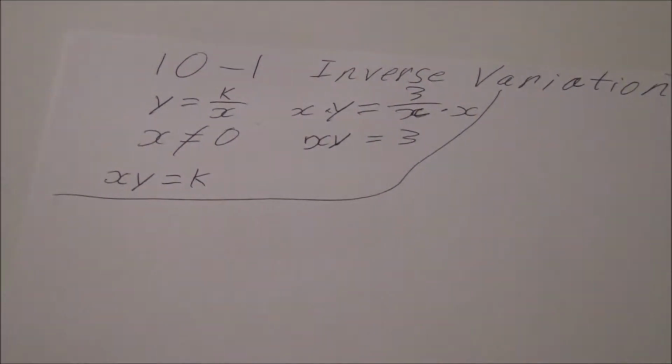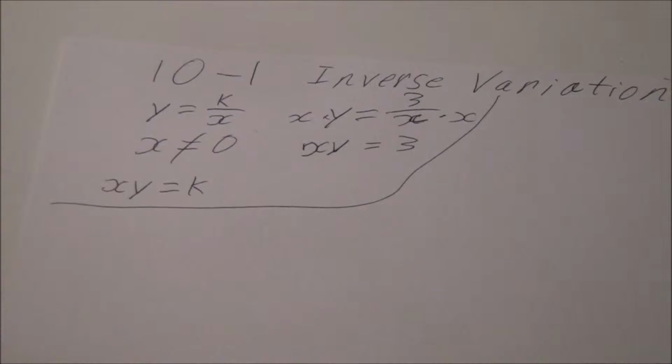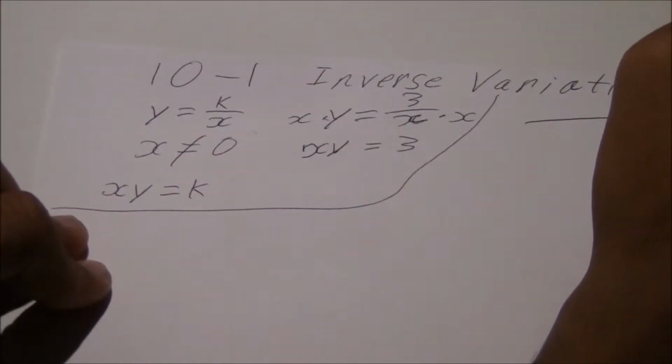So now let's look at example 1, identifying an inverse variation. Tell whether each relationship is an inverse variation. So say you took a table like this.